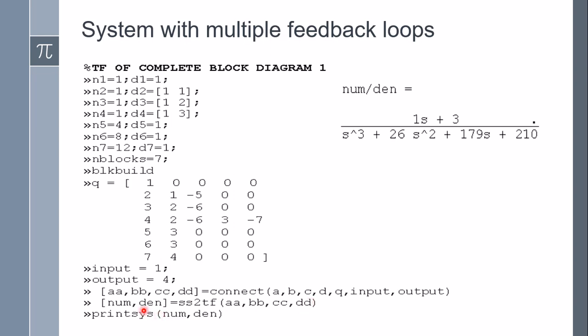The output will be the numerator and the denominator, which is nothing but the transfer function of the system. Once the print sys command is executed, it will give the ratio of numerator by denominator, which is equal to the transfer function of the system. Thank you.